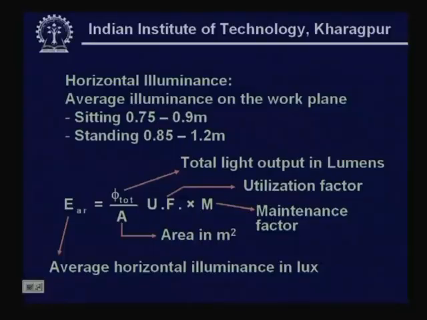Some is lost. This we have already discussed when we were discussing the illumination systems, where luminaires, depending on the way they are located, do not all result in useful flux, and therefore depending on the way we locate, there is a utilization factor which is specified.